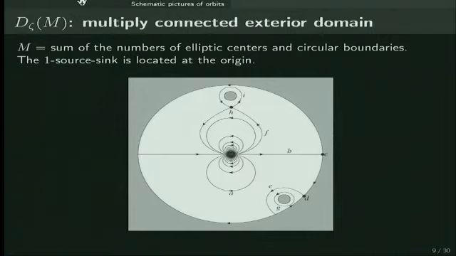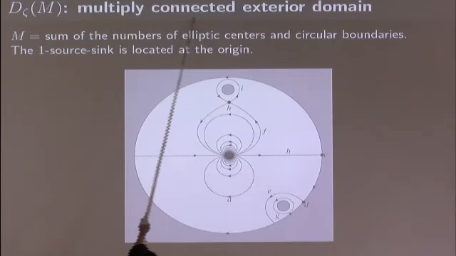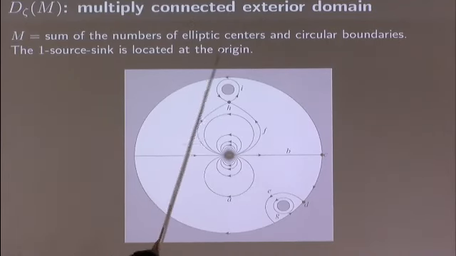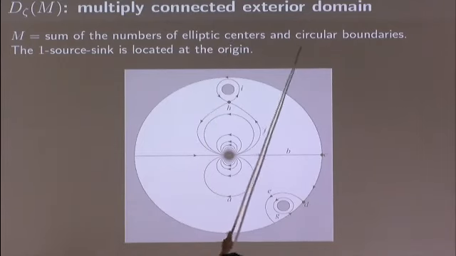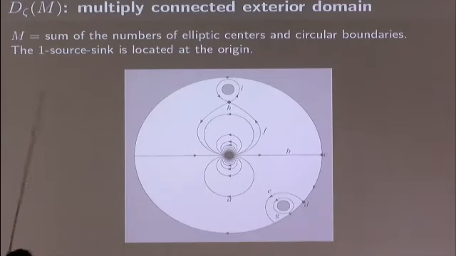And in this talk, M in these data means a multiply connected exterior domain. M is the sum of the number of elliptic centers or circular boundaries. In this picture, M equals 1, 2. And one source-sink is this.